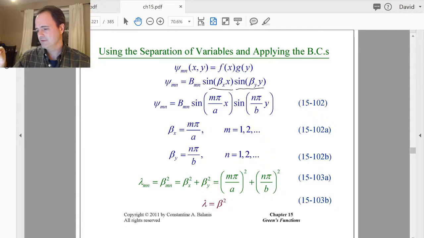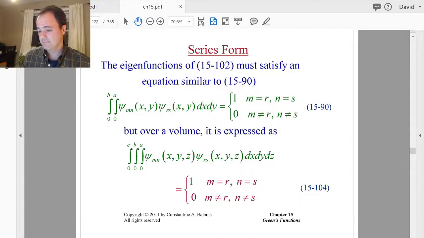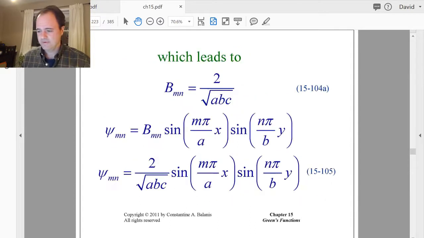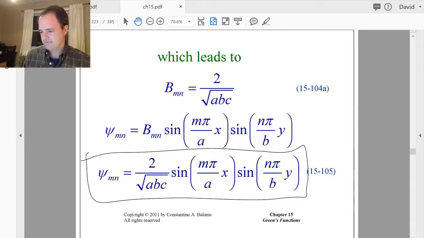And because psi has to be 0 at x is equal to a and y is equal to b, you find that beta x and beta y have to be this. Okay, fine. You normalize psi. Very easy to do. In fact, that's what they do right here. Very easy to normalize psi, and you get this as the eigenfunctions.